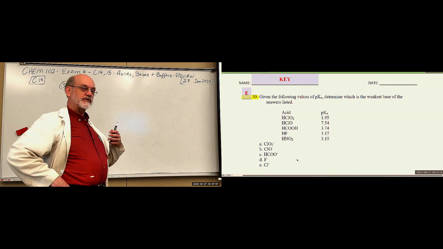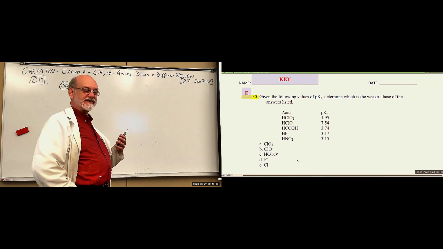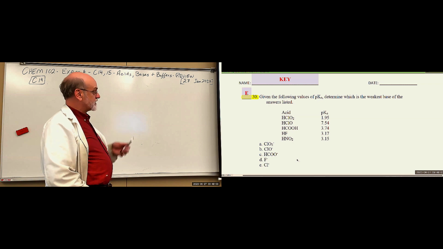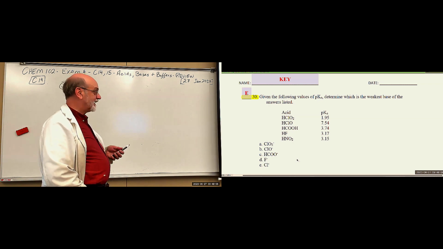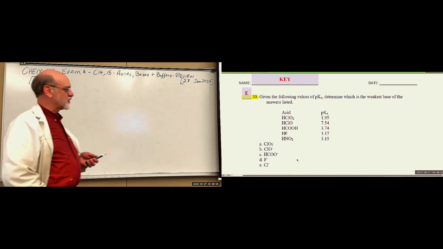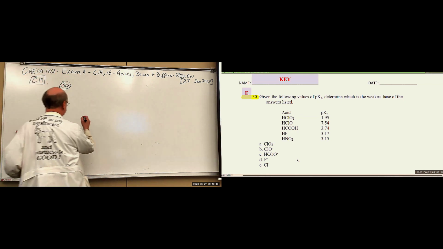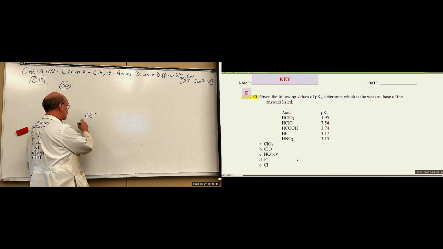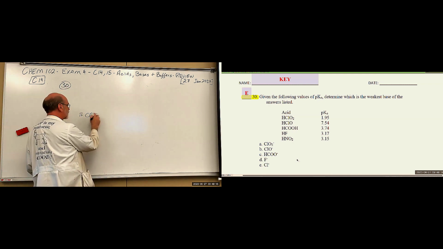HClO2 would produce ClO2 minus as its conjugate base, right? ClO2 minus is in there, yeah. But we've also got Cl minus in there. And we don't need a Ka for this one because it would be derived from that one.